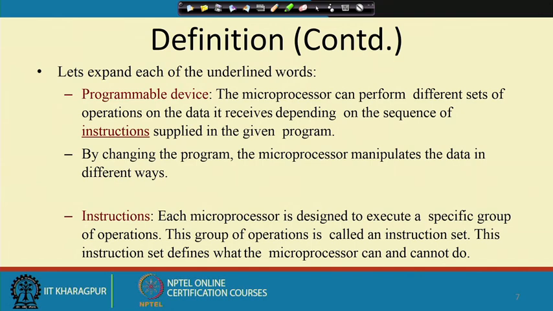Then the second part is the instructions. Each microprocessor is designed to execute a specific group of instructions, a specific group of operations. This is called an instruction set. If you look into any microprocessor, the first thing you should do is look into the user manual, which details what instructions this processor will support, and while writing programs we should follow those instructions only.